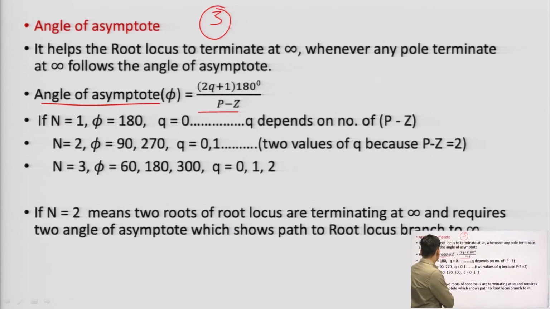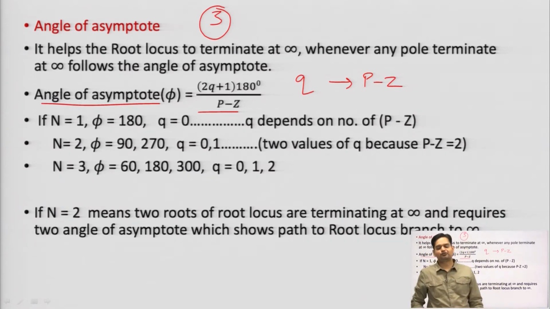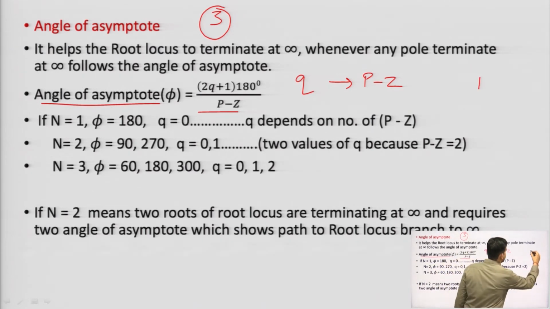Here, the q value depends on p minus z. So, p minus z will tell you what the value of q should be. If p minus z is equal to 1, q will have a single value, that is 0.